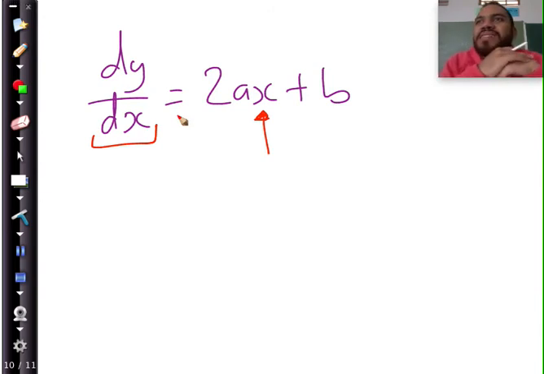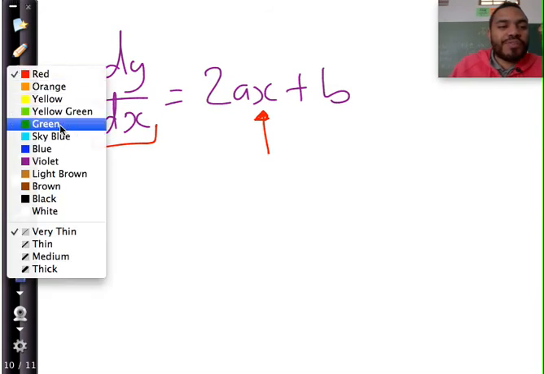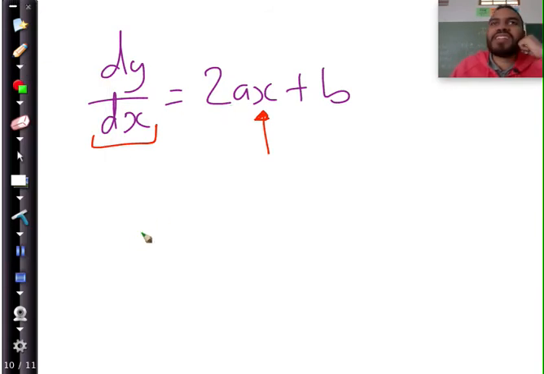The gradient at the turning point is equal to what? It's equal to 0. The gradient at the turning point is equal to 0. So, do you need to put in an x coordinate to find the gradient at the turning point? No, because you already know for a polynomial function the gradient is equal to 0.